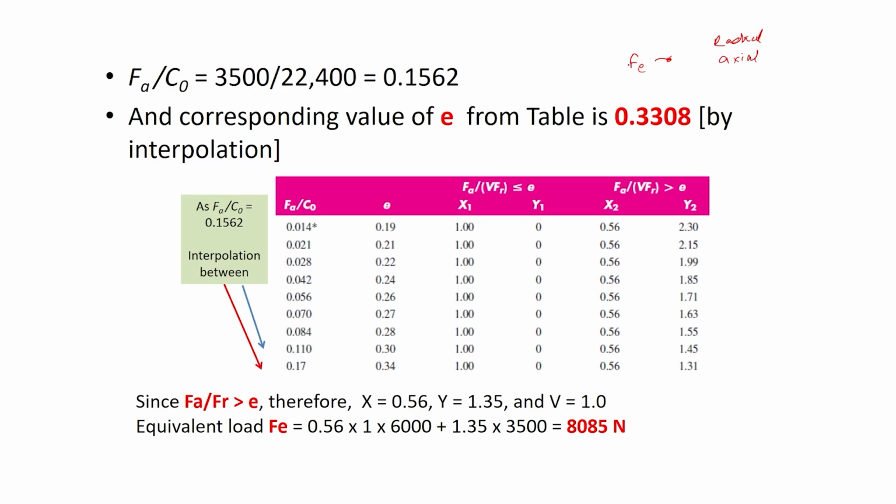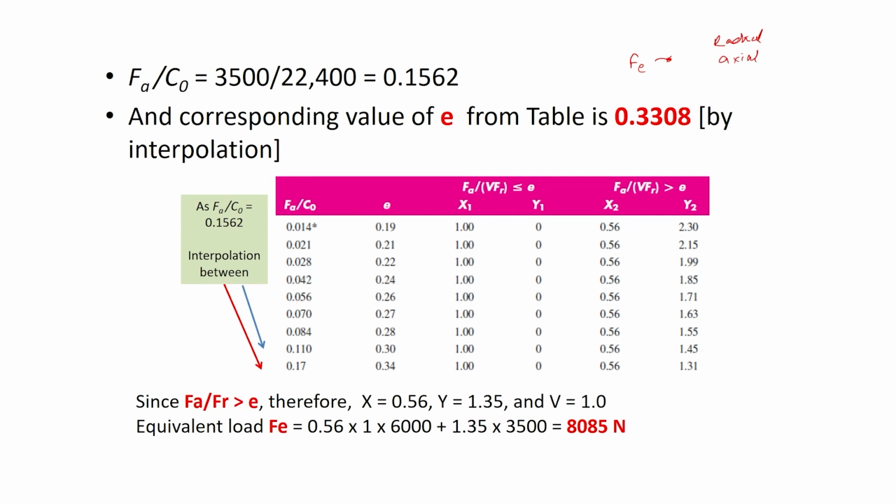And so, we have to calculate the effective radial load or effective dynamic load Fe, and for Fe we have to use this table, and from this table we have to find the values of x and y, and x and y can be obtained knowing the value of e, and e is obtained by knowing the ratio Fa upon C0.